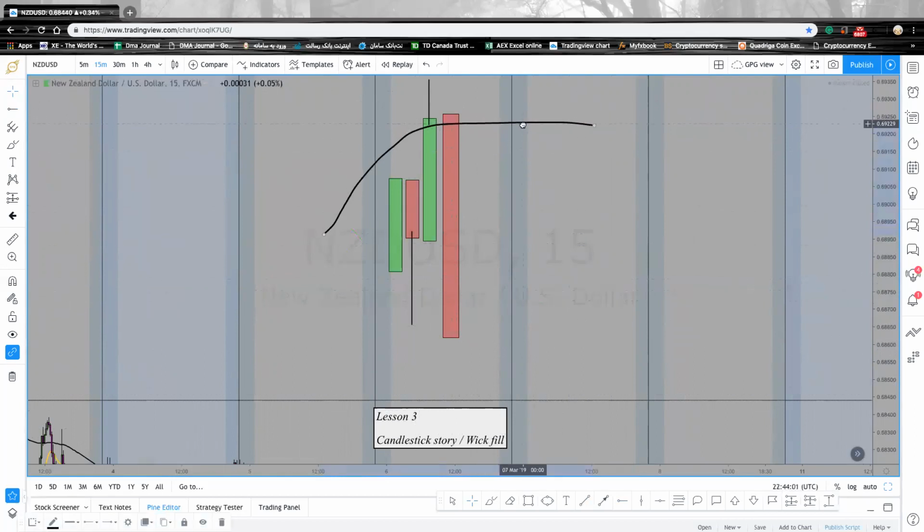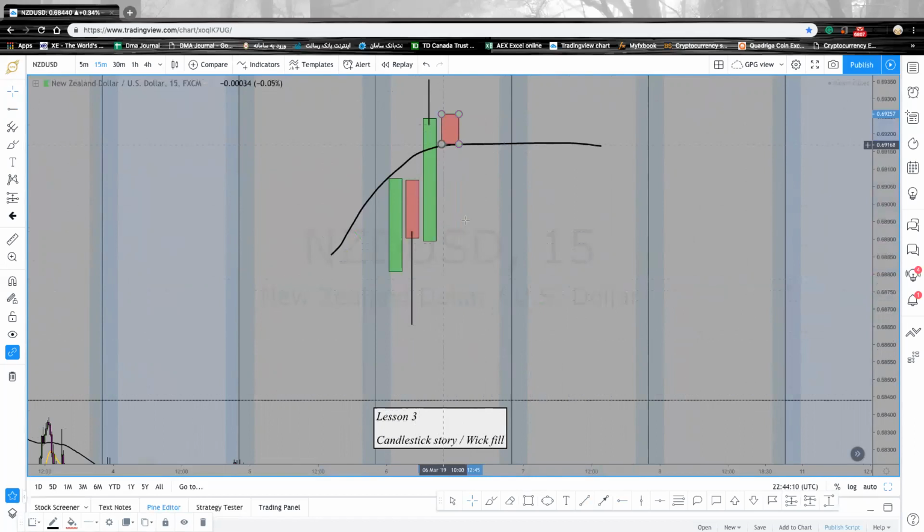Let's say this EMA came here. Okay. Let's say this is our case. So price came up, respected the EMA, so I can go lower, went a little bit down, and then it tried again, and this time it broke it.